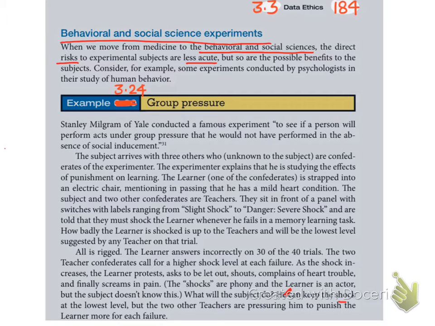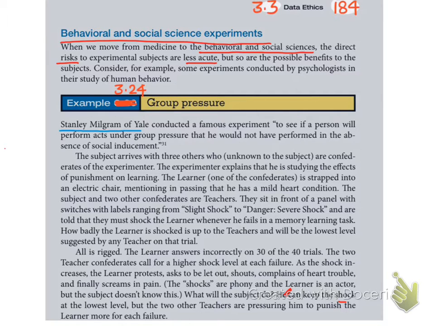All right, here they're talking about a very famous experiment on page 184, example 3.24. They talk about Stanley Milgram of Yale. He was a PhD student, and he conducted an experiment.